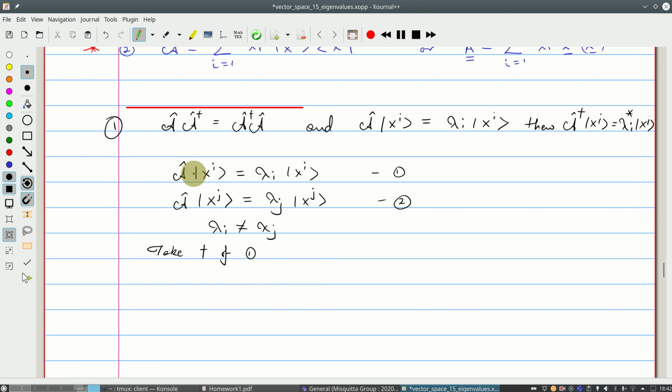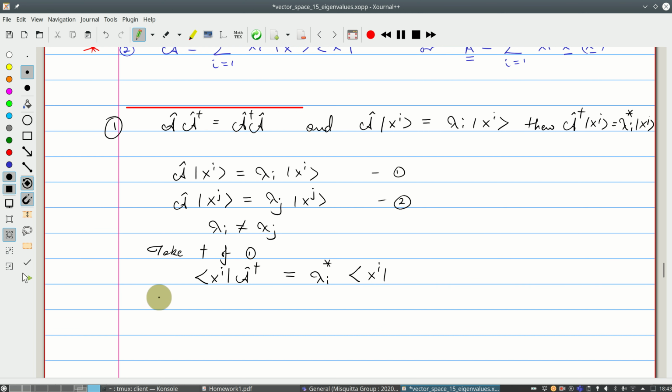Everything gets adjointed, but you change the order. So xi becomes a bra. Then we have the adjoint of the operator A, and that's equal to lambda I complex conjugated, because it's just a scalar, and then we have the bra xi.